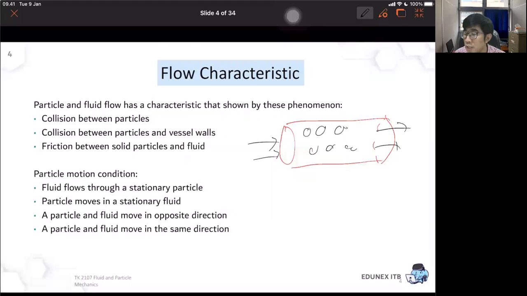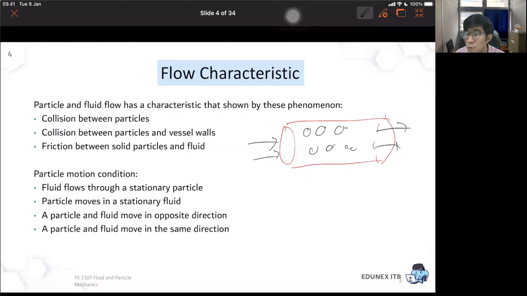During the gas flow, the particles can move together with the gas but with different velocity. And since the size is different, some particles can collide with each other. So there will be some collision between particles.